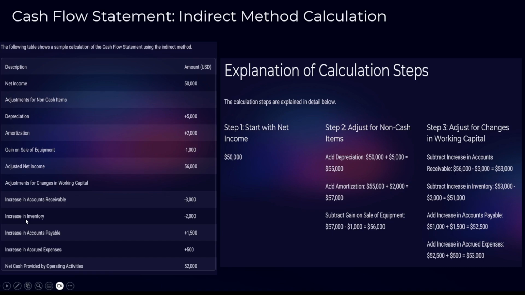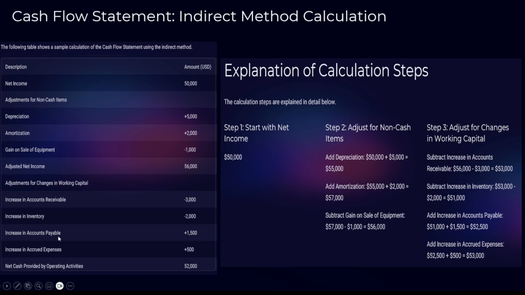Increase in inventory is the same thing: we purchased inventory, we are paying money, so we decrease our cash. So all the asset accounts will be subtracted, and for liabilities and equity, it will be added.